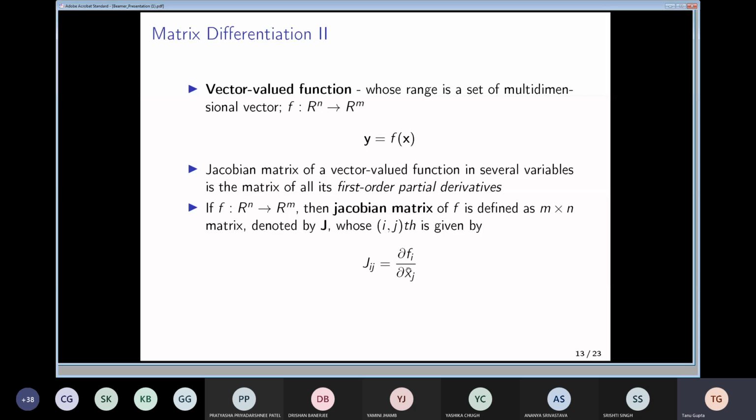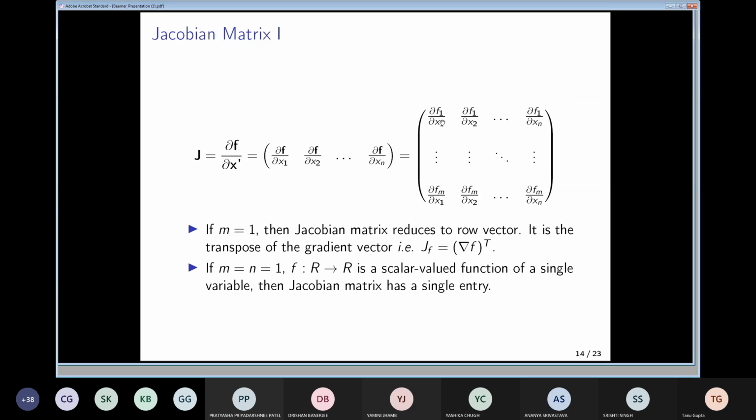So it is the partial derivative of the ith element of y with respect to the jth element of x. Okay, is it clear? So this is del f over del x prime, and x prime means that we are stacking the elements of x in the row form and the elements of y in the column form. Okay, ma'am. Thank you. If there is any confusion, please let me know.